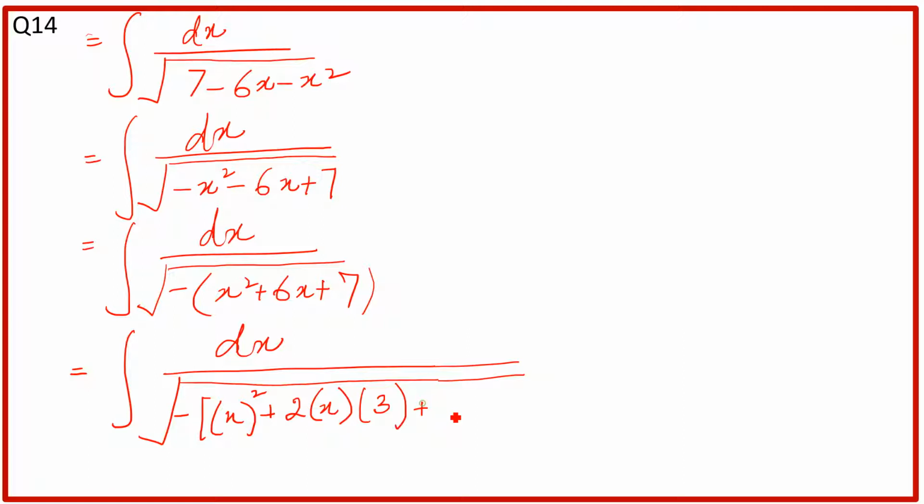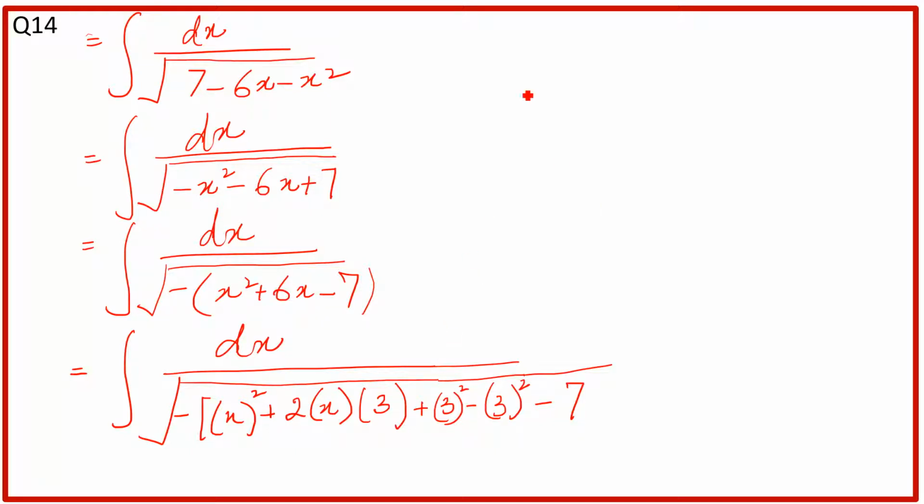The square of this I have to add, and the square of this I have to subtract. Technically these will cancel each other, so only the original question remains. And then there is minus, because here it is minus, and this is negative. Why? Because we have taken negative as a common, so it should be minus.